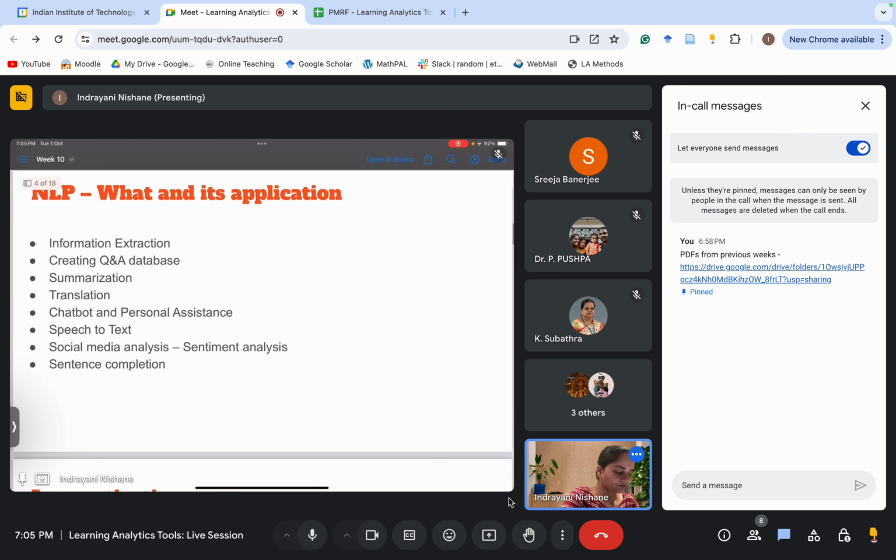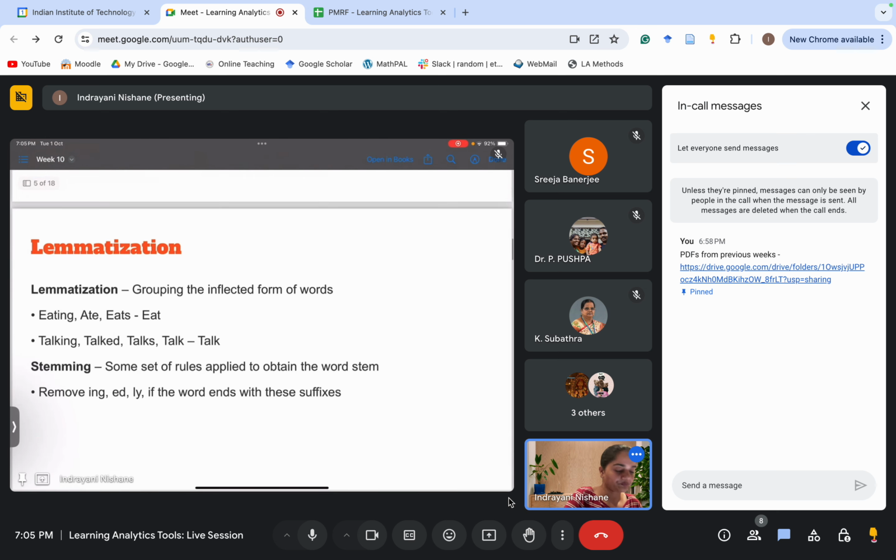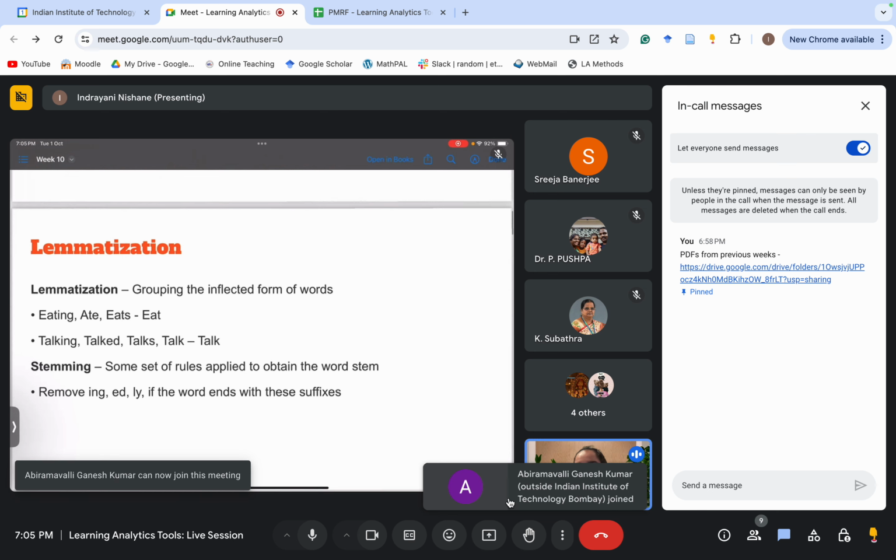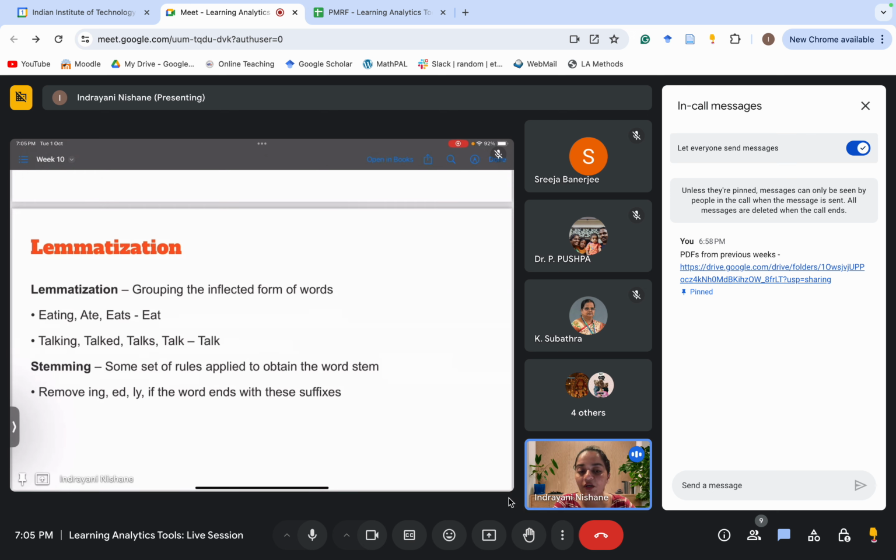Now we will come to the techniques, or the functions, which are part of NLP and which help in converting English into a computer understandable language. Two such ways are lemmatization and stemming.